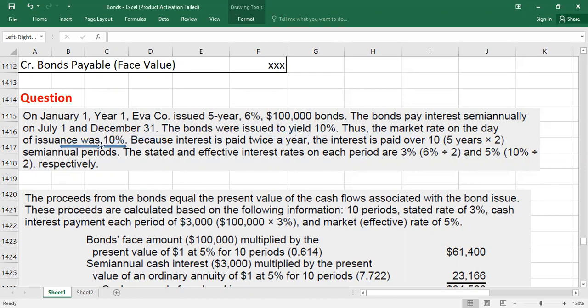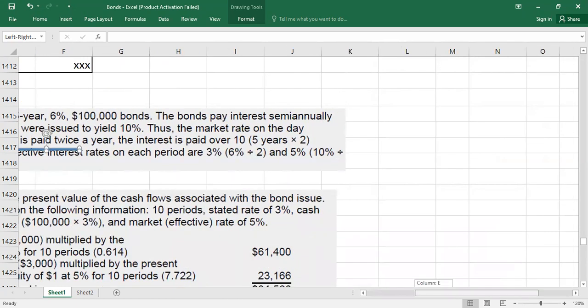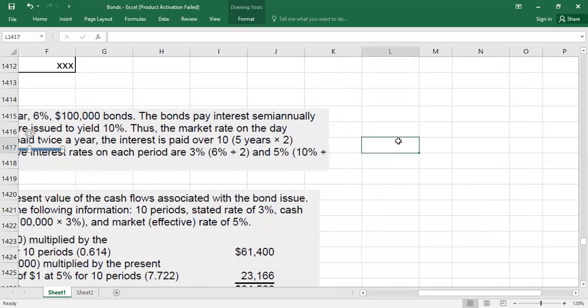It is also the same because interest is paid twice a year. So first of all, we need to adjust the interest rates. Your stated rate is 6%.